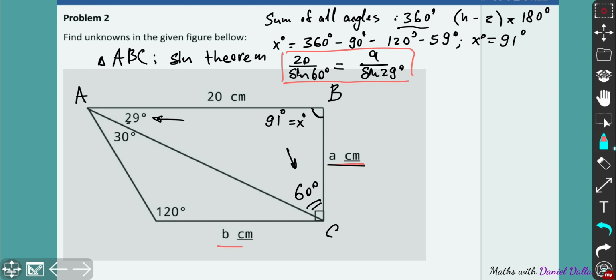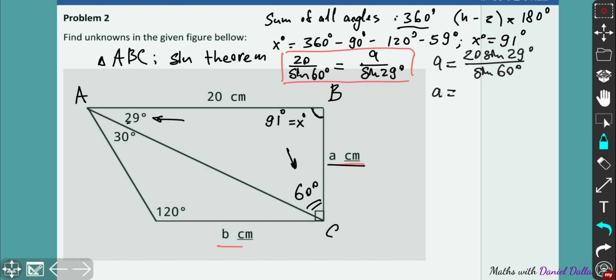All right, so how do we resolve this ratio? We're going to do a cross-multiplication. Our unknown is A, so we can express A as 20 times sine 29 over sine 60. From where we can figure out A in centimeters immediately.